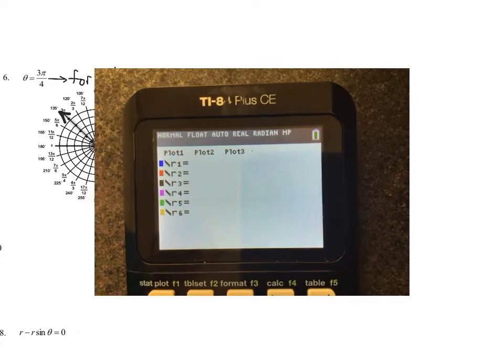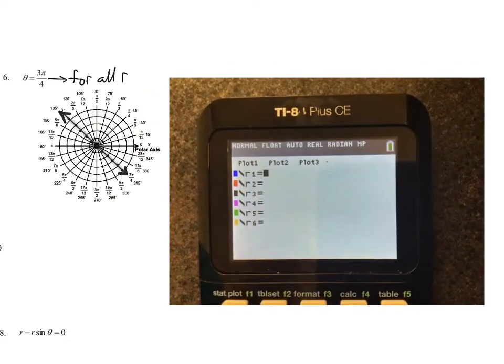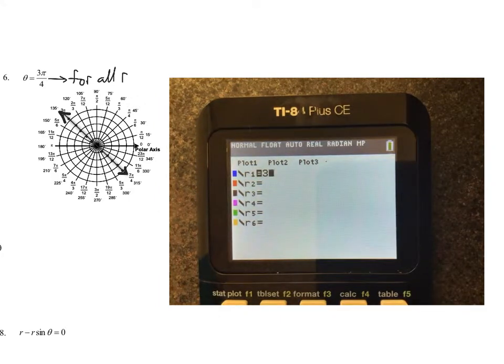All right, the first graph that we were looking at was r equals 3. That's something the calculator can understand. Theta equals 3 pi over 4, you're on your own. The calculator can't handle that one. All right, so, r equals 3.